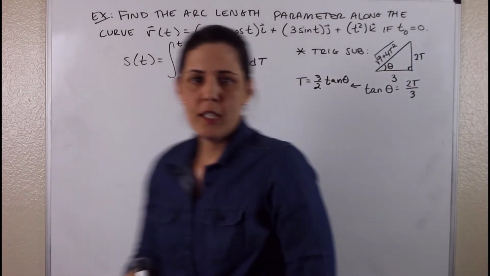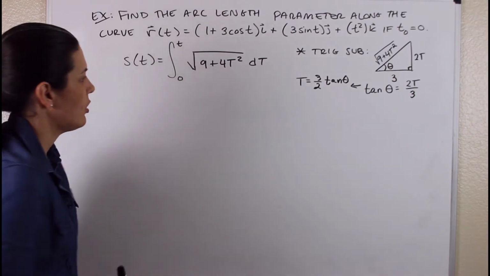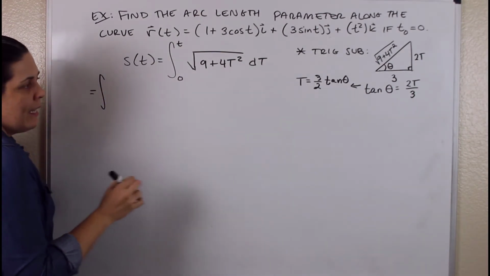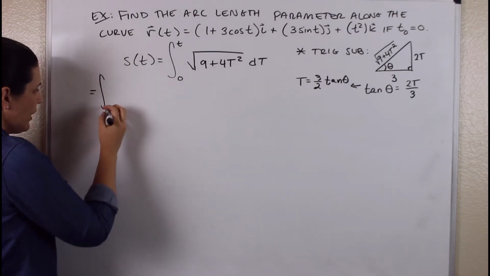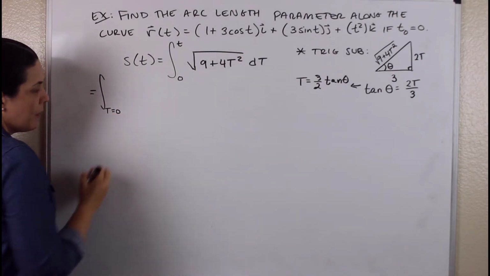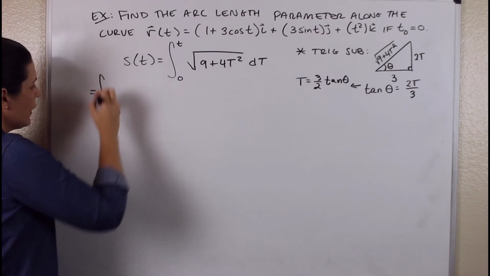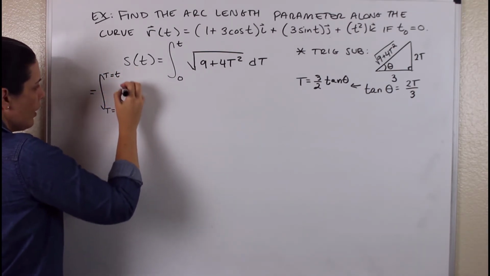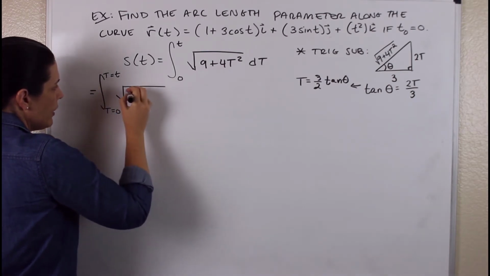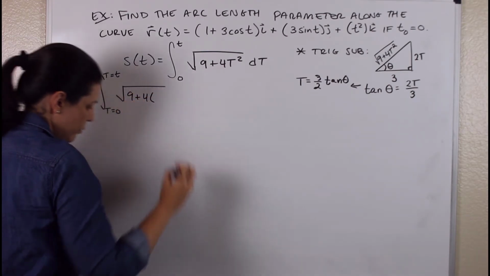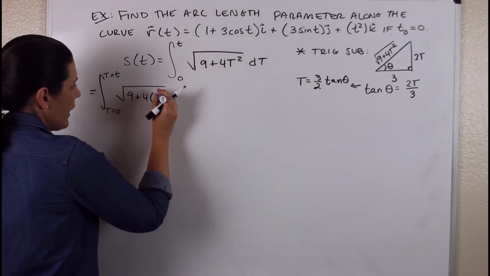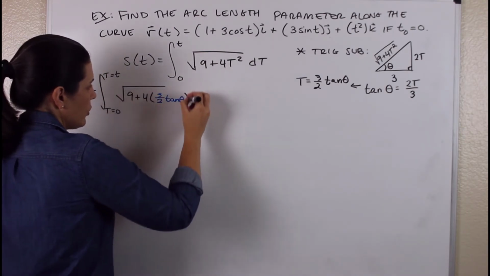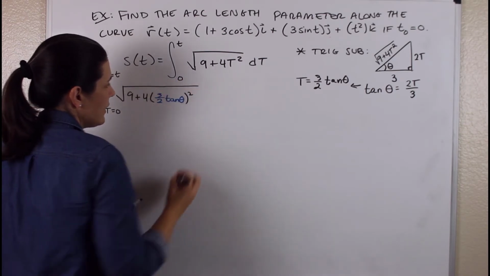I also need to change dt as well. We'll do that in just a second. So we have the integral. I'm changing my variable, so I'm going to distinguish here that these are still limits of integration in terms of t: from t equals 0 to t equals little t of square root of 9 plus 4 times 3/2 tangent theta quantity squared, and that's in the square root.